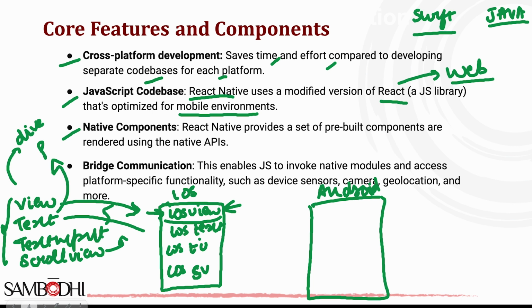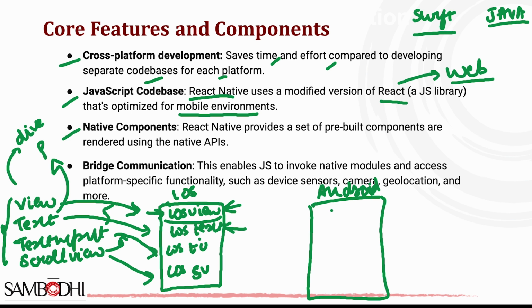Similarly, Text is going to go to the native side and check what corresponding native component is available. It is going to render this iOS Text component, which replaces the Text component that we used on the React Native side. Similarly with TextInput and ScrollView.